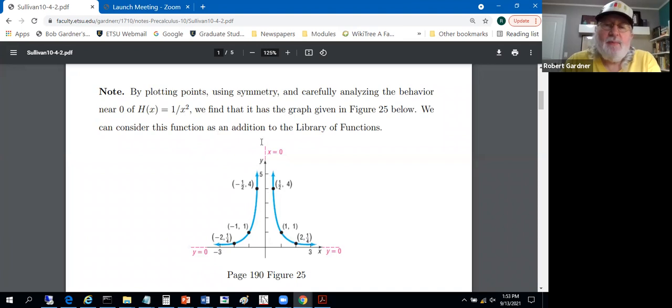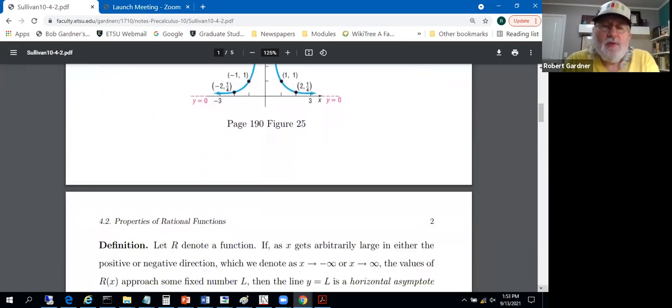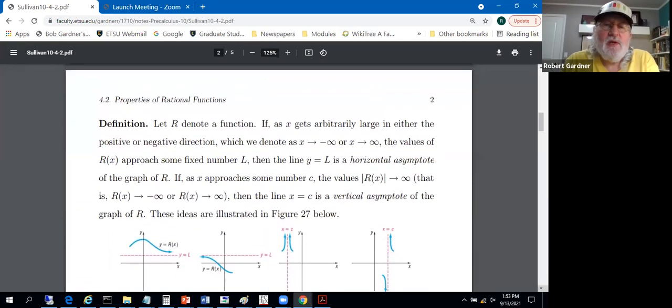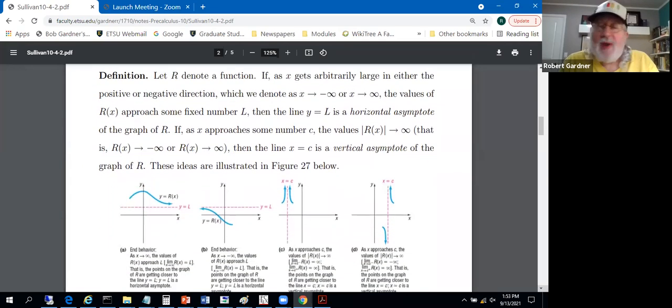So we're getting a vertical asymptote at the y-axis, the line x equals 0. We will take as given that the graph of 1 over x squared has this general shape. That'll be useful in dealing with rational functions in general, especially these ideas about asymptotes.